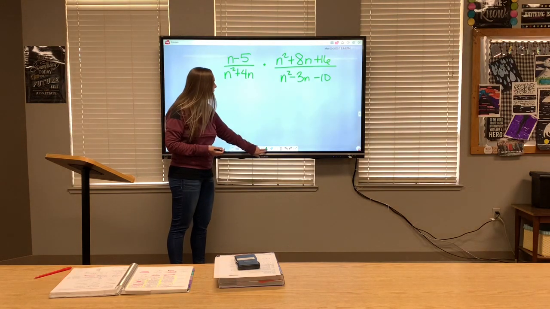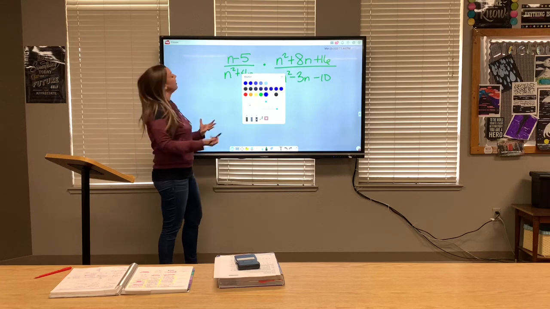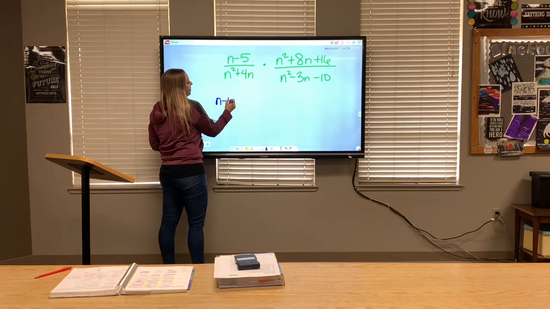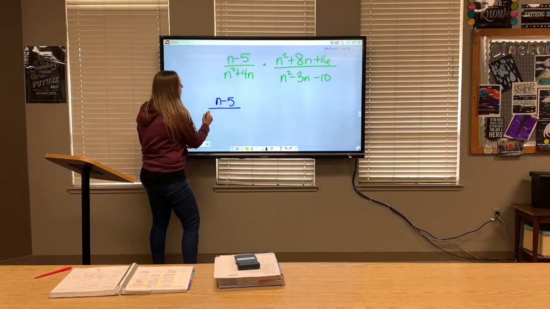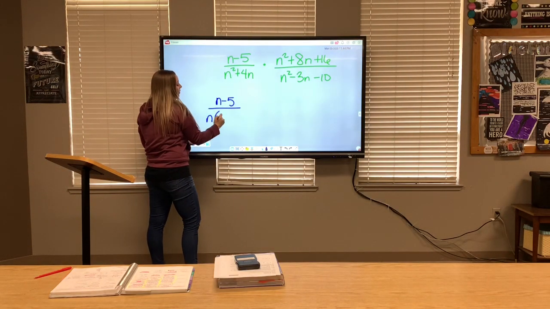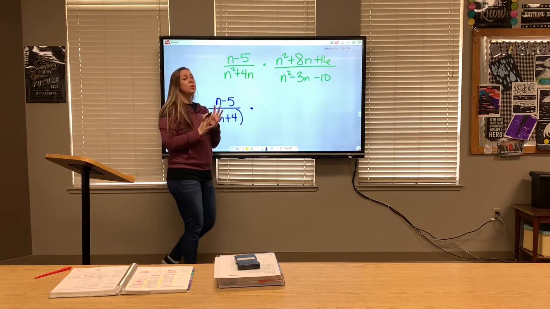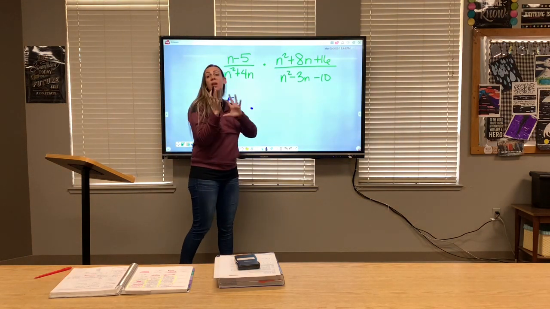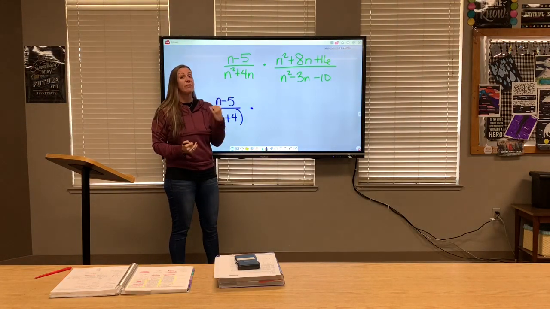So my binomial on top here, n minus 5, I can't factor anything. So I'm going to go ahead and leave that as n minus 5. This right here, I can pull an n out, so I'm going to do that. And then I'm left with n plus 4. So again, all I'm doing at this point is factoring. I'm not even simplifying. I'm not going to cancel anything out yet. I'm going to factor first.